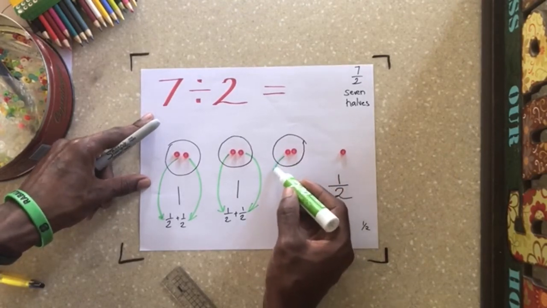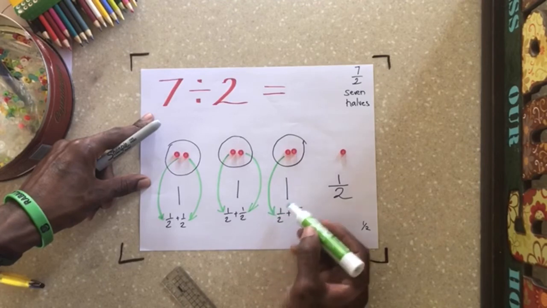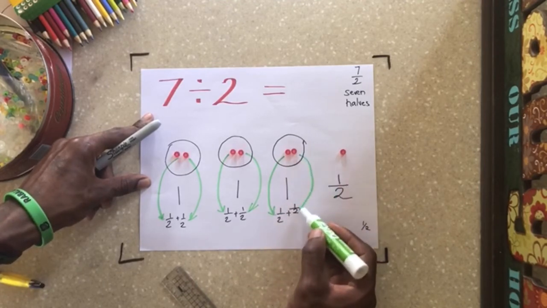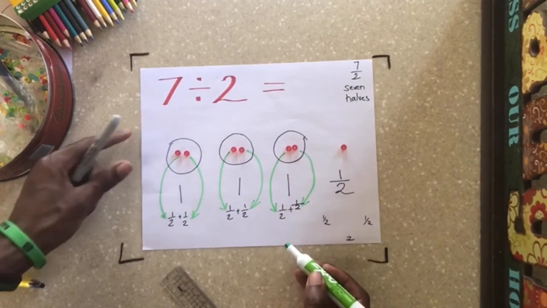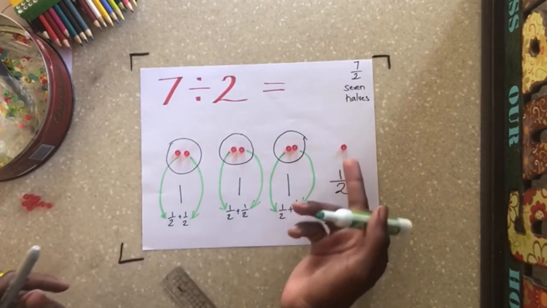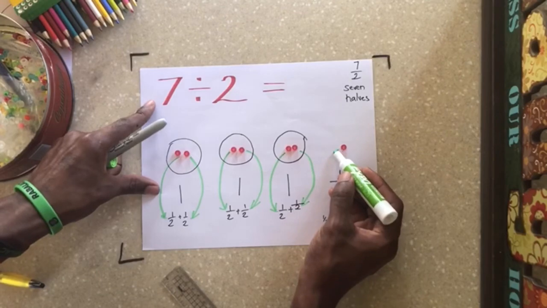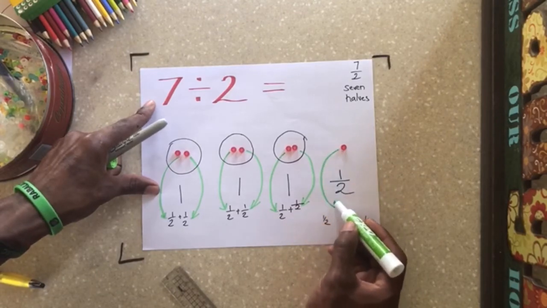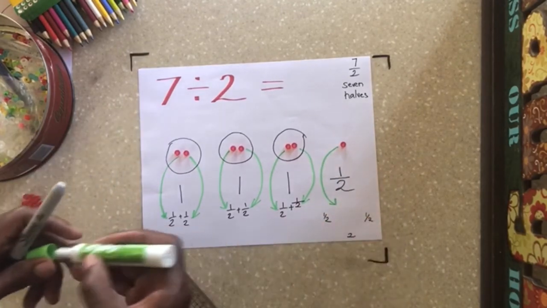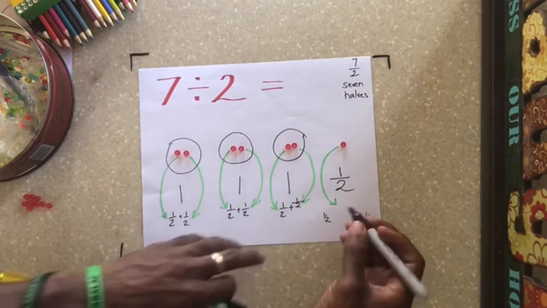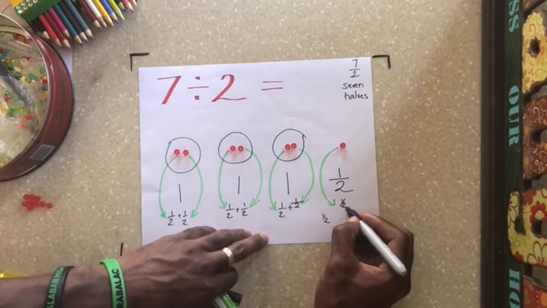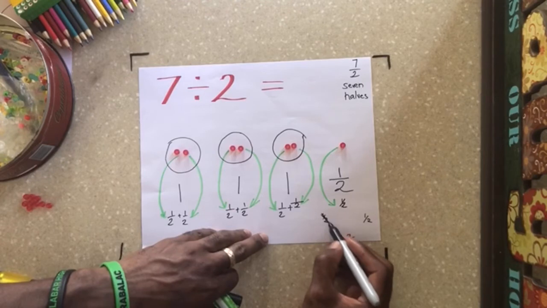Now, we only have 1 right there. We are going to say that that one is a half of 2. So we can say that this is also a half of 2.